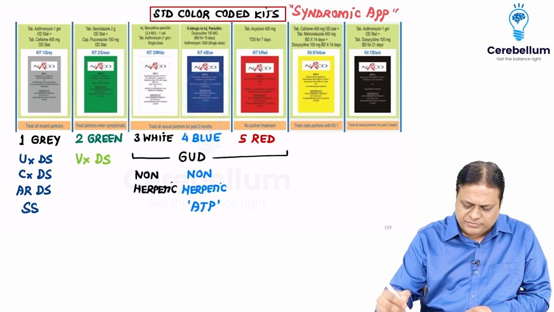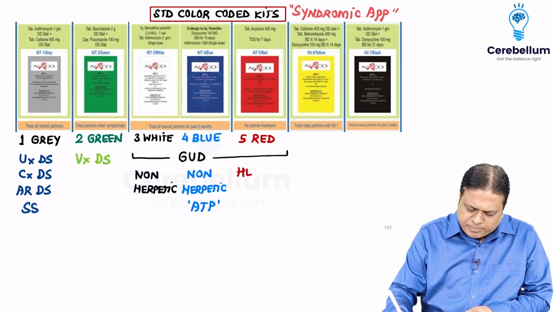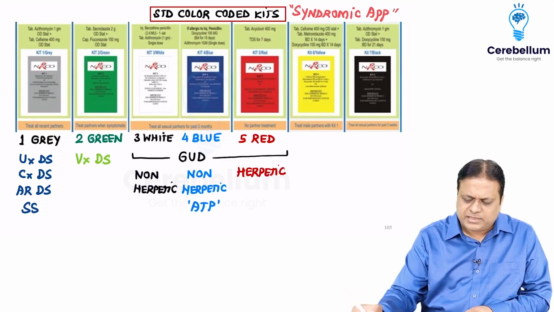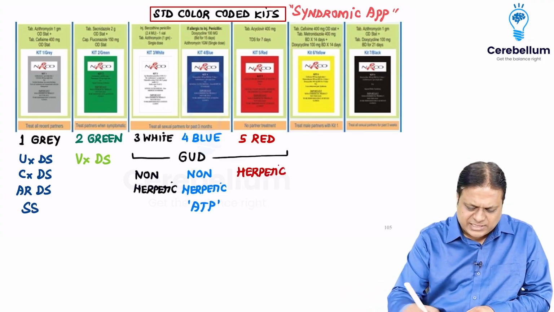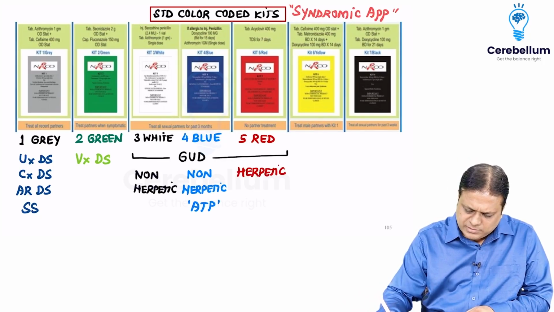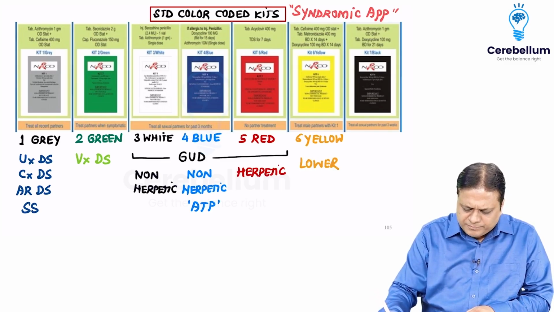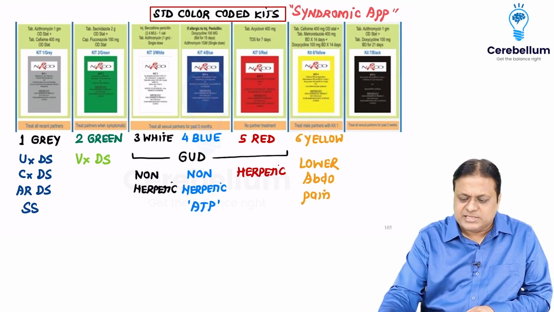Kit number 5, red, is herpetic disease, herpes. Kit number 6. This is yellow. This covers lower abdominal pain, that is PID, pelvic inflammatory disease.